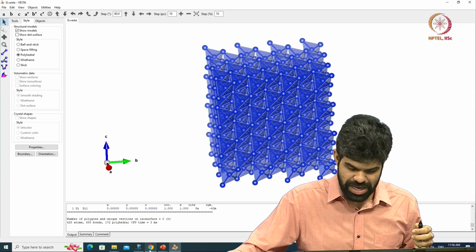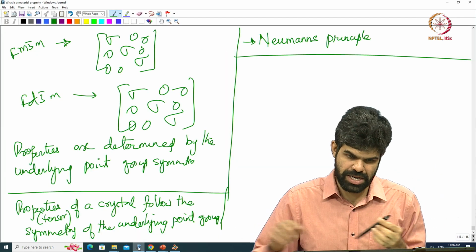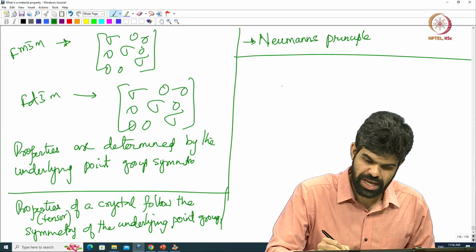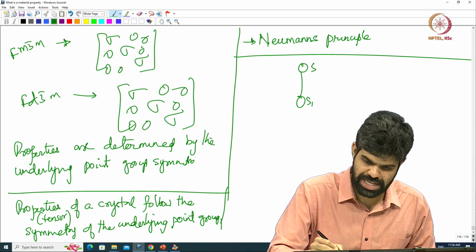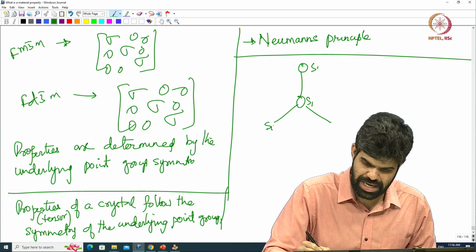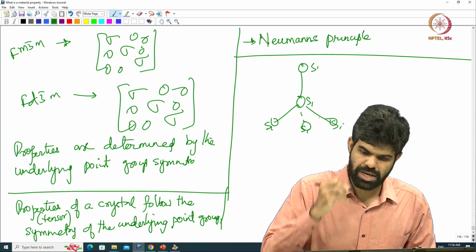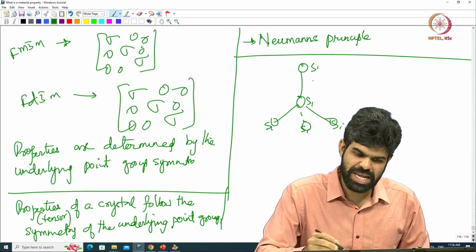So, what I am doing here is essentially I take a silicon tetrahedra, Si, Si, Si, Si and Si. Then I replace this, right.